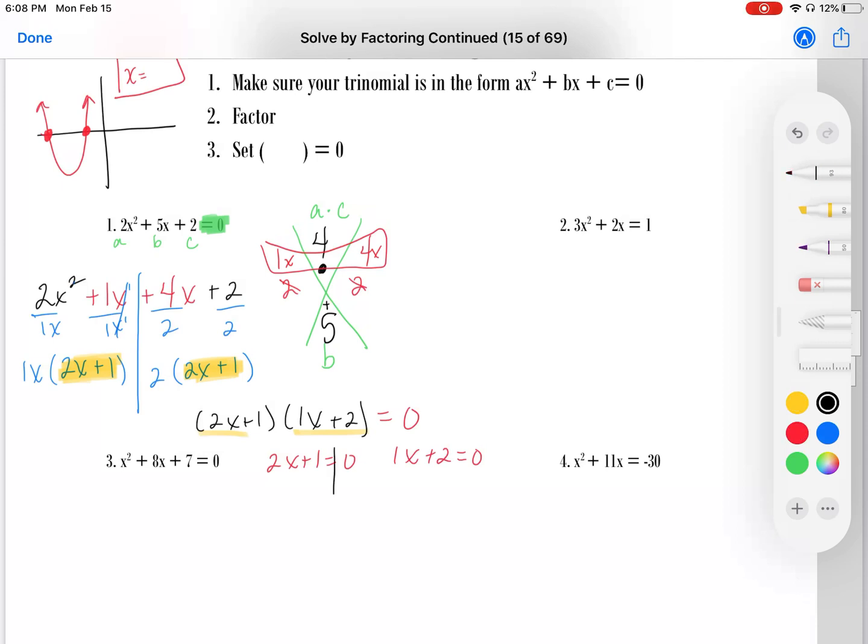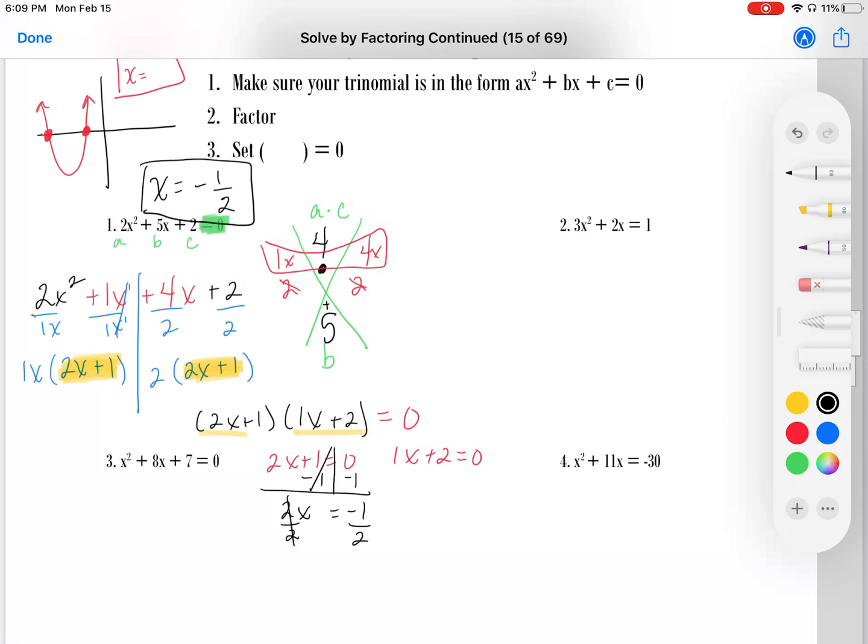To solve for x, you learned this at the very beginning of the school year. Start by subtracting 1 from both sides. 2x equals negative 1. To get x by itself, you divide by 2 and then divide by 2. So one of my answers for number 1 is that x equals negative 1/2.